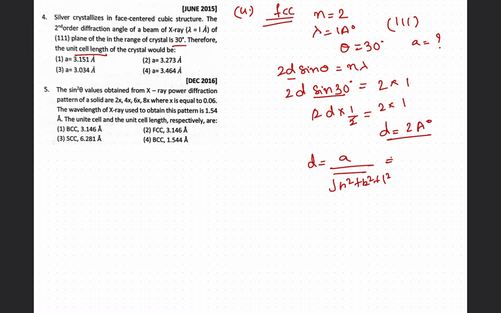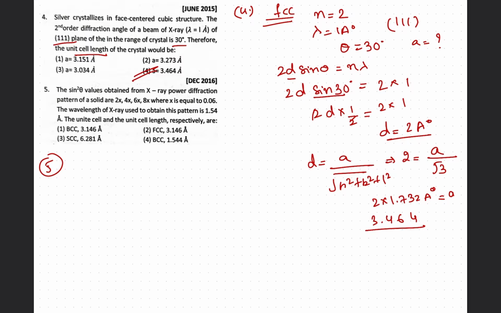So 2 equals a over root 3 for the 111 plane, so a is 2 into 1.732 Angstrom, which is 3.464. So 4 will be the right answer, right?